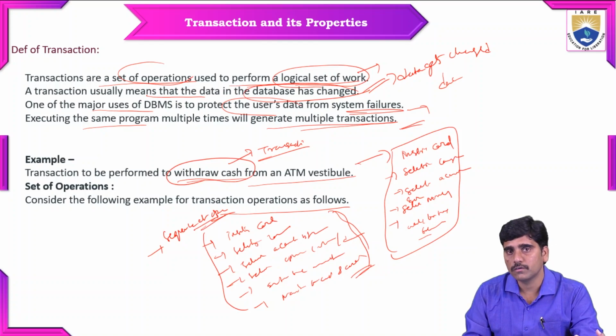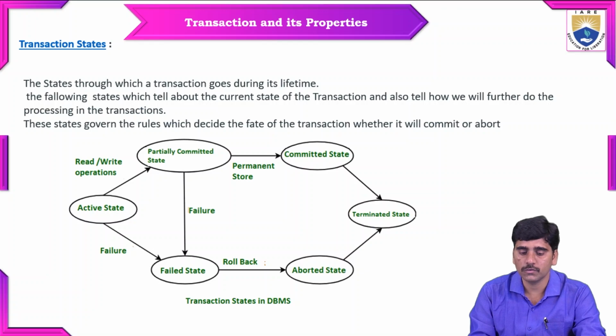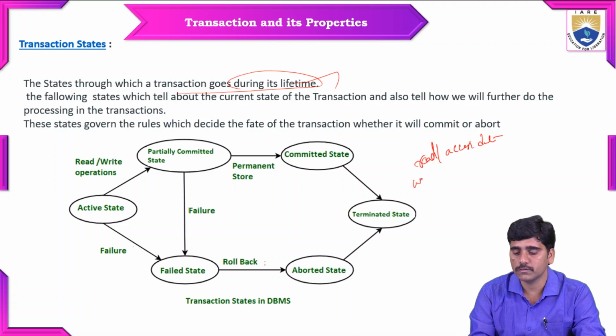To perform all these operations, the transaction has to follow different states and different properties. So what are the states? Here the states are those through which a transaction goes during its lifetime. Generally the transaction performs with read or access data, the next write or update data, or else commit the data.